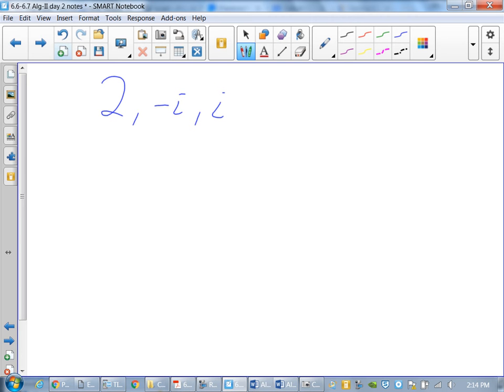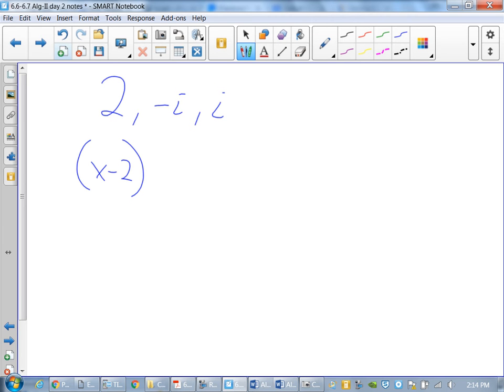Now, if I want to write out the polynomial that has 2 and then plus and minus i as zeros, we all know how to figure out what the term is for the integer value of 2. It has to be x minus 2. That's easy. When it gets to the imaginary, though, you have to start to think about, well, how do you get an imaginary number? In order to square root of what?